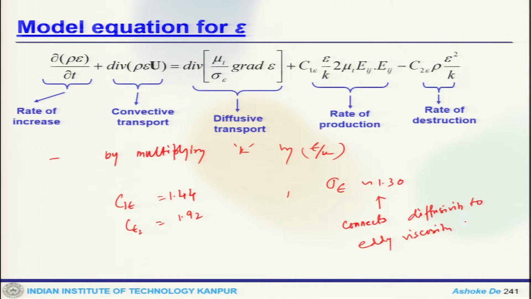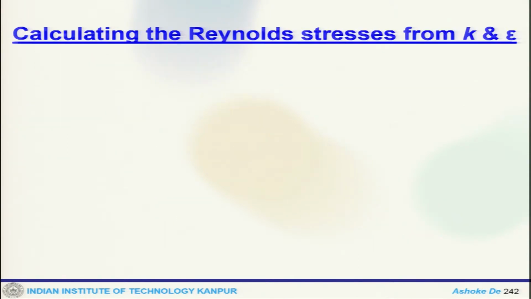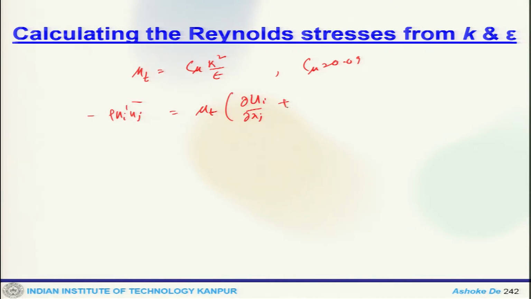Okay. Now, we can calculate the Reynolds stresses from K and epsilon. Our eddy viscosity is approximated as C mu K square by epsilon, where C mu is 0.09, and the Reynolds stress is mu t del ui by del xj plus del uj by del xi minus 2/3 k rho delta ij, which is nothing but 2 mu t eij minus 2/3 rho k delta ij.